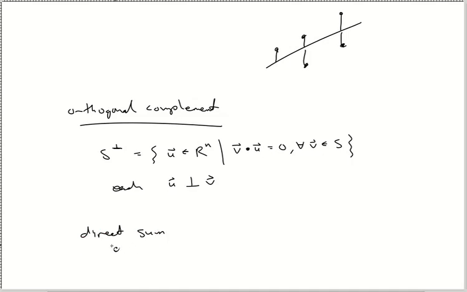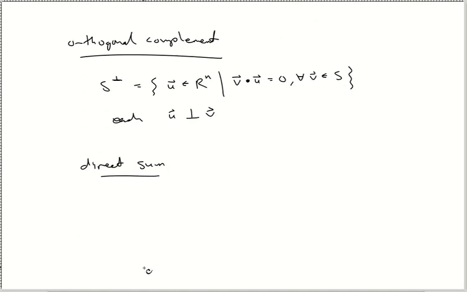Direct sum. This is a pretty big explanation, but let me give you the quick summary. Rn, all my vectors in Rn space, could be said to be S1 direct sum S2. Notice that's a circle with a plus sign inside.